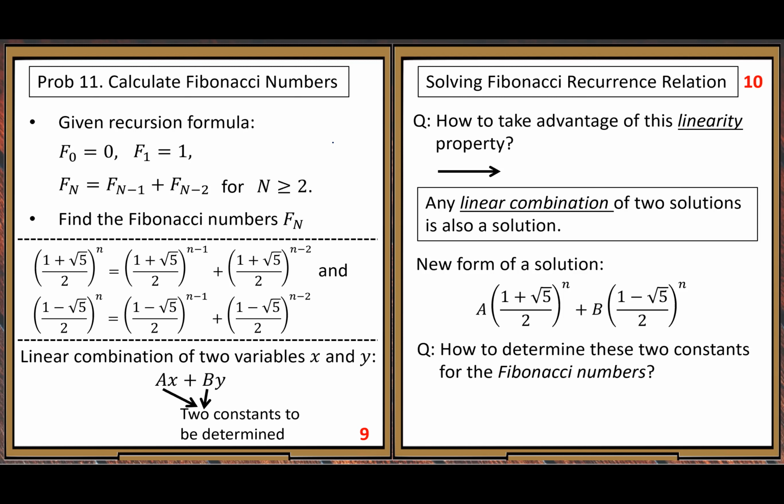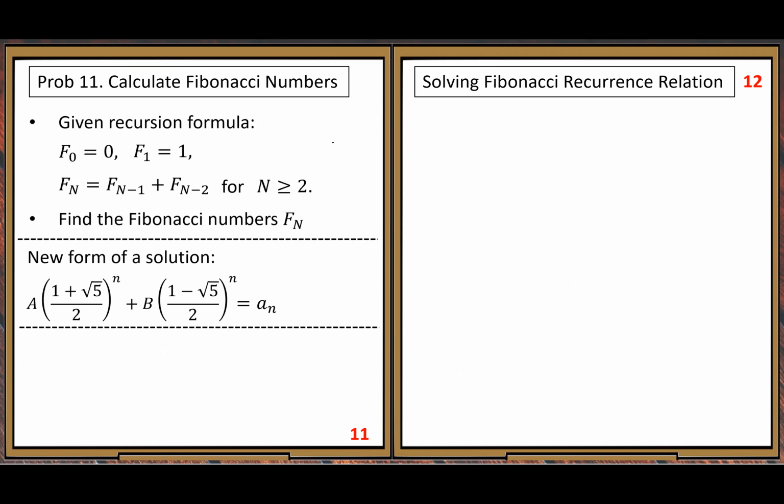Now we have freedom to choose capital A and capital B, targeting the initial condition. So our last step is to fix capital A and capital B using the two initial values. Let's do that part.